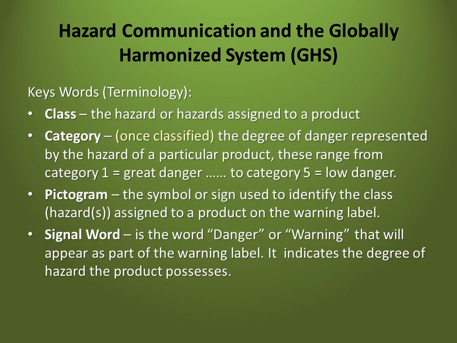Pictogram, the symbol or sign used to identify the class or hazards assigned to a product on the warning label. Signal word is the word danger or warning that will appear as part of the warning label. It indicates the degree of hazard the product possesses.